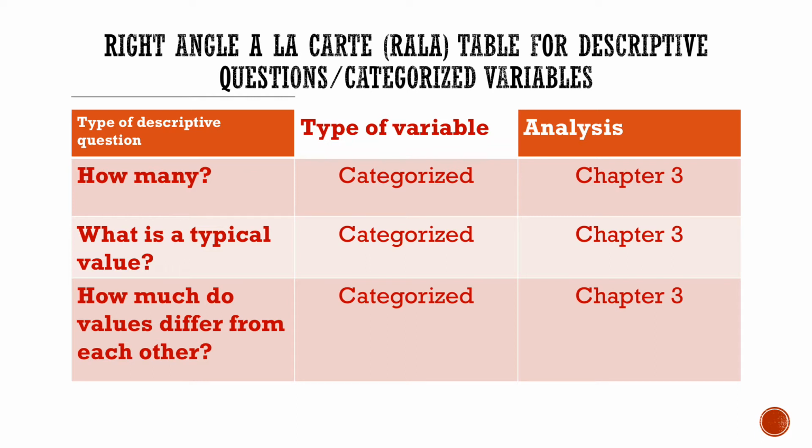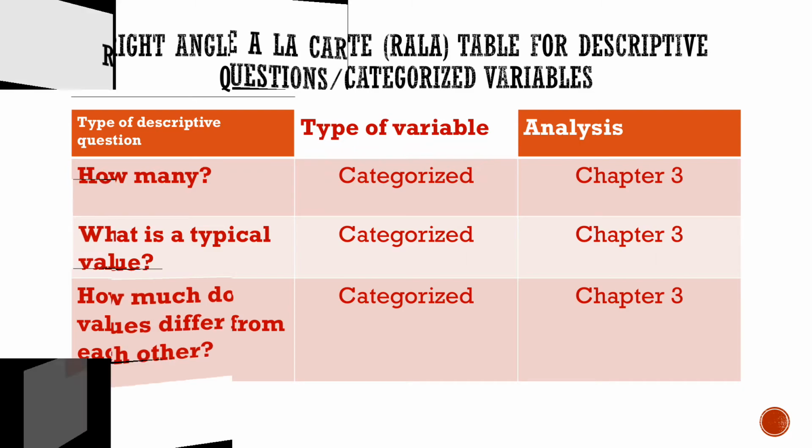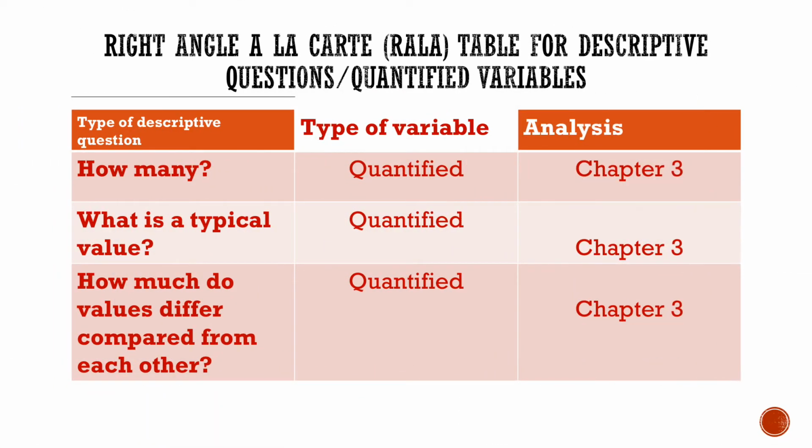Notice that the RARA table from the prior lesson and the RALA table in this lesson look very similar when we're talking about descriptive questions. This is the sister table to the one we saw before. This is the right angle a la carte or RALA table for descriptive questions with quantified variables. The methods in the analysis column can be filled in after we learn these methods in Chapter 3.